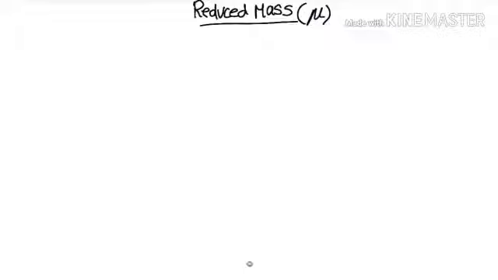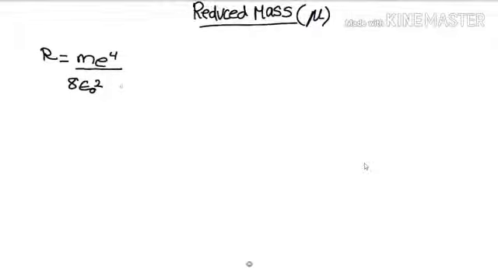You know the Rydberg constant equals R is equal to m e to the power of 4 over 8 epsilon naught squared times c.